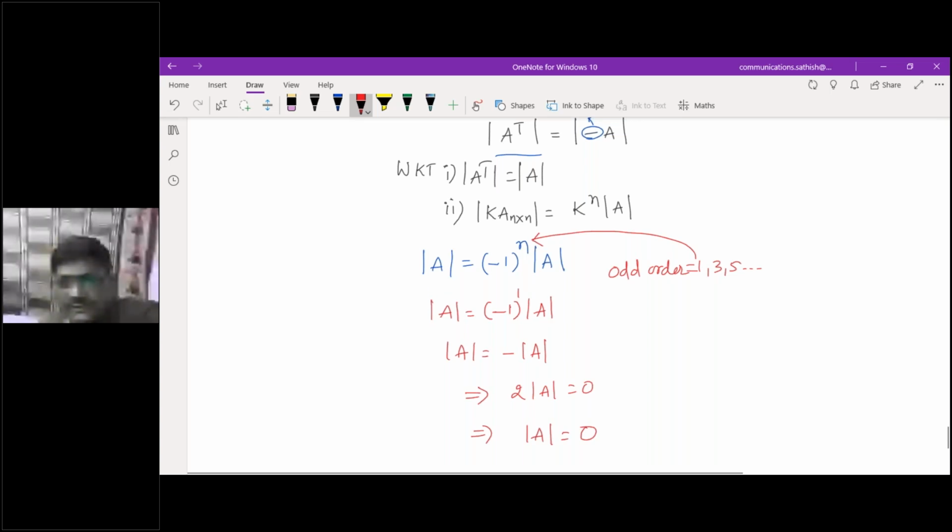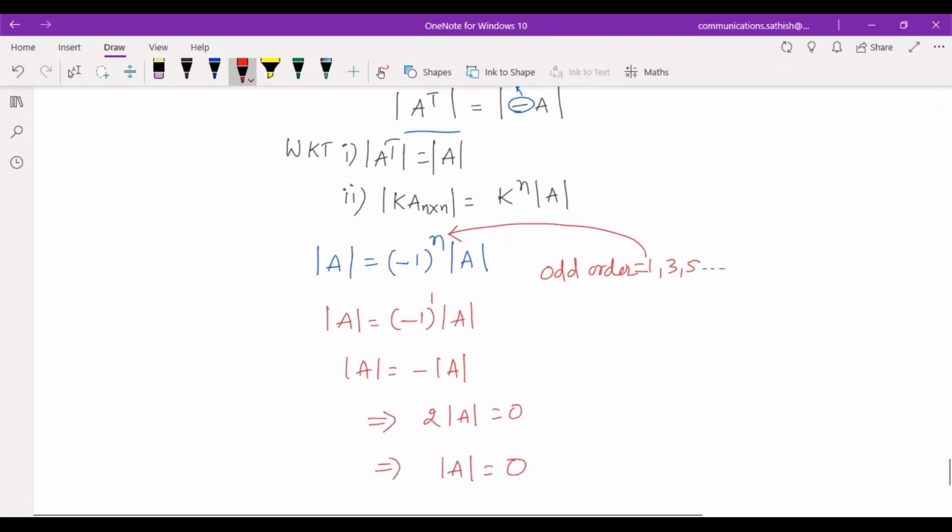Mod A is 0 or not? Yes, sir. Is it clear? Yes, sir.